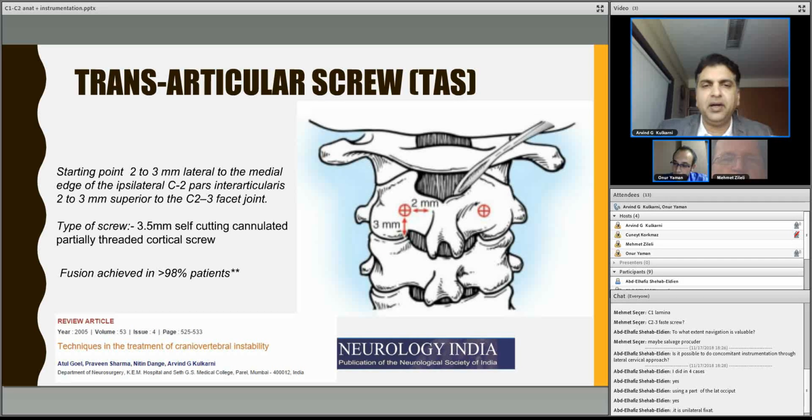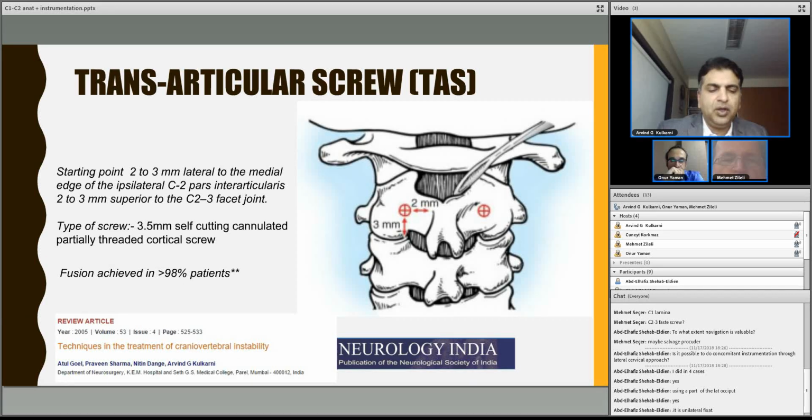So what is the entry point and what is the trajectory? If you see in this diagram, the entry point is about 3 millimeters above the C2, C3 facet joint, and about 2 millimeters lateral to the pars of C2. This is the entry point, and the trajectory is such that it should cross the C1, C2 joint and get a solid purchase in the C1 lateral mass.